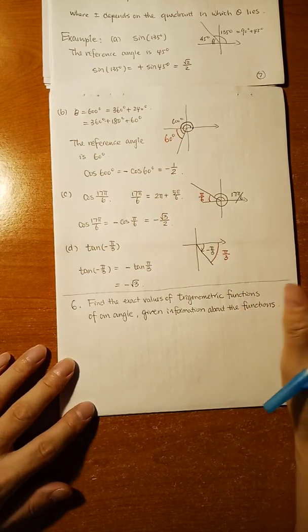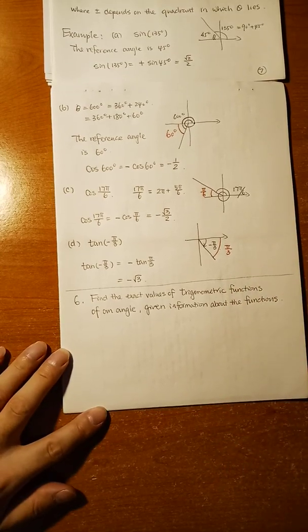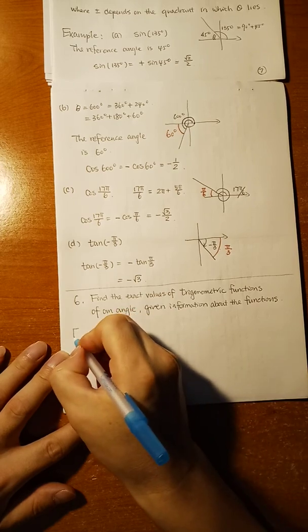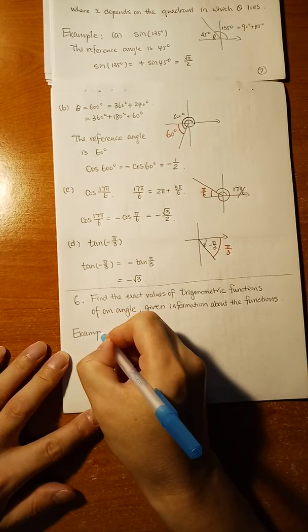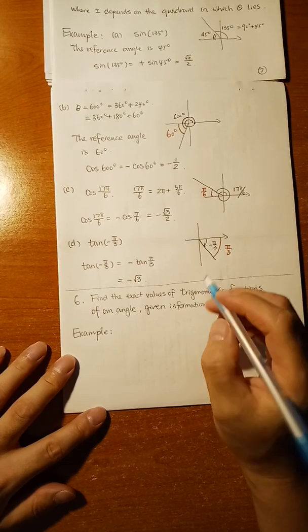Okay, so there is several given information and we can determine the values. Let's see the example. This is a very good type of problem.